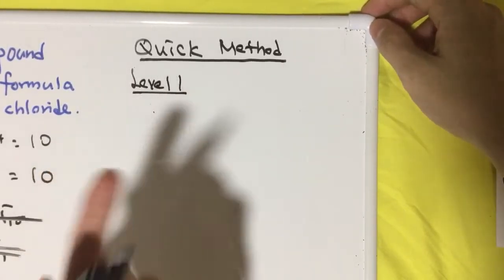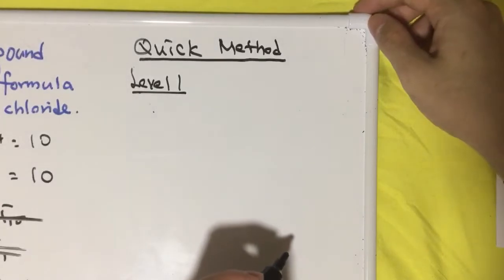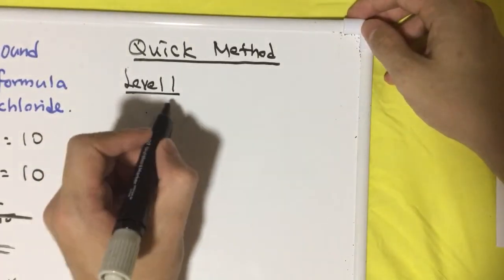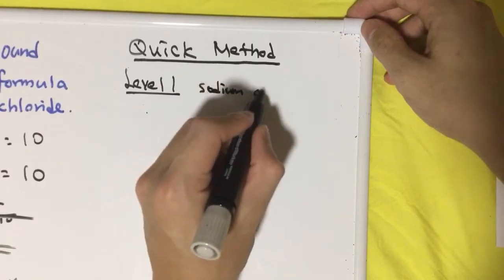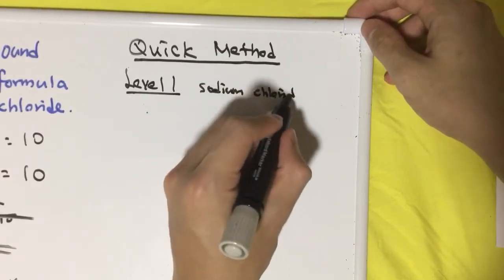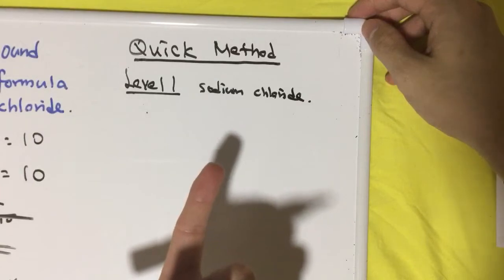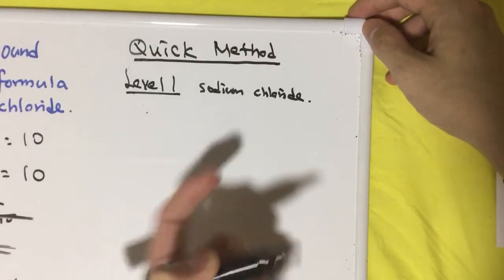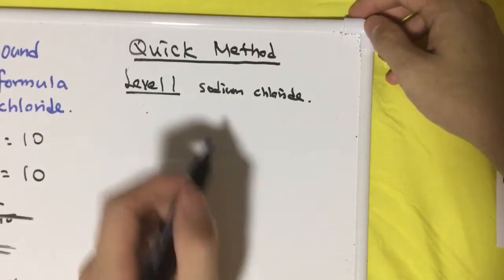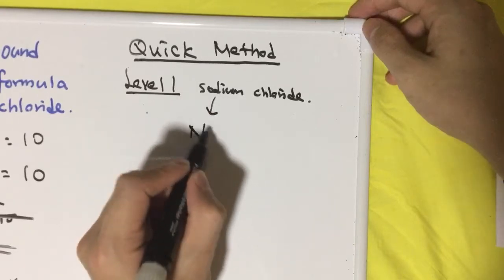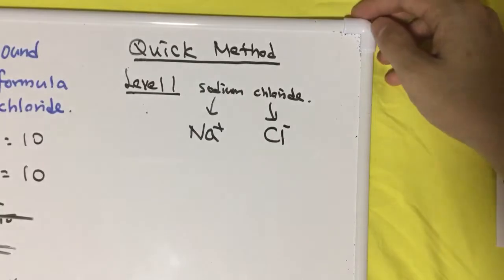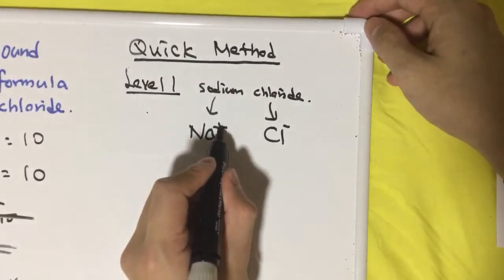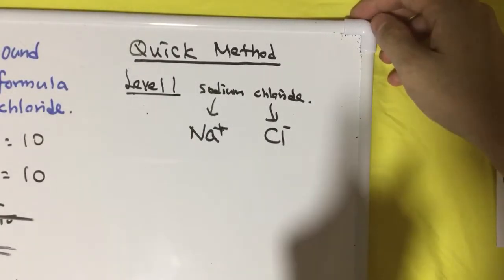Okay, so for the quick method here, let's take a look for level 1. If you have to write down the chemical formula of sodium chloride, then firstly, write down the symbol of the ions involved. So here, sodium chloride inside have sodium ion, and also we have chloride ion. And secondly, remember a cross.